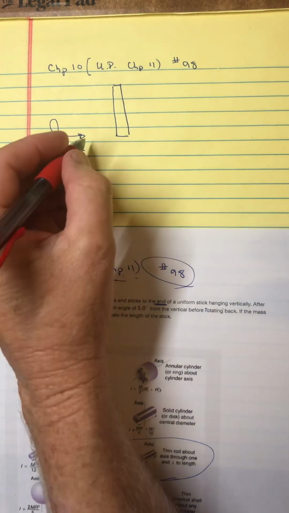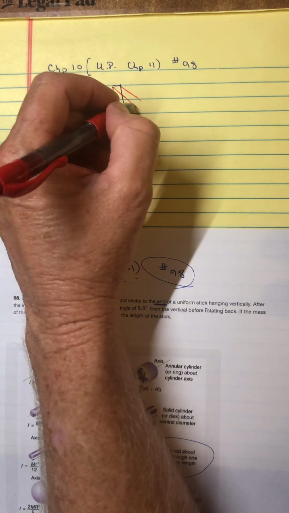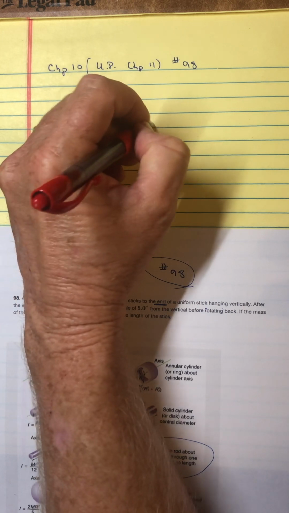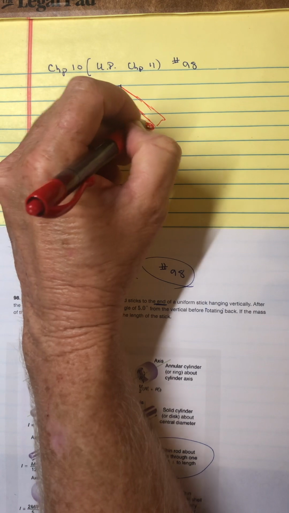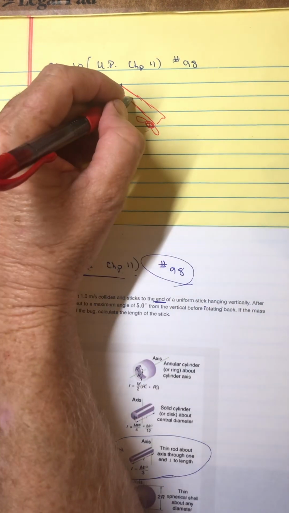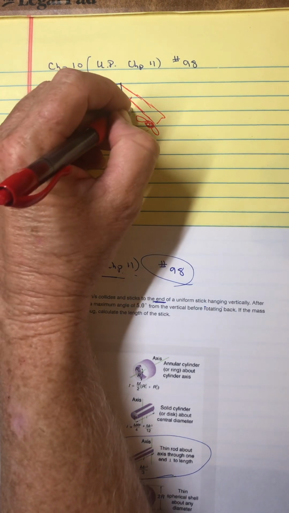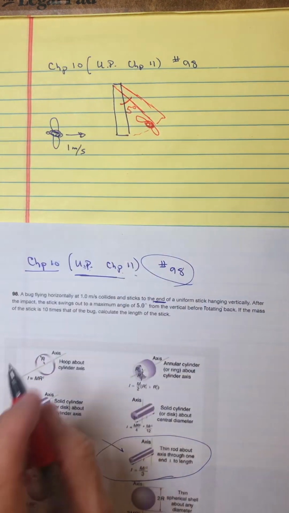So after the impact, I will draw the swing, and it arcs out here, and the little bug is now stuck to it, and it angles out here, 5 degrees.